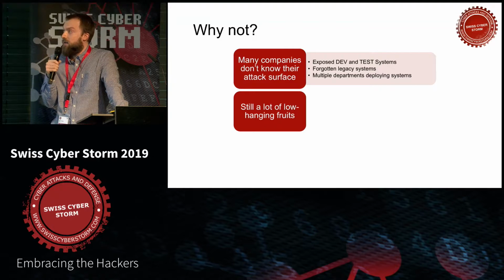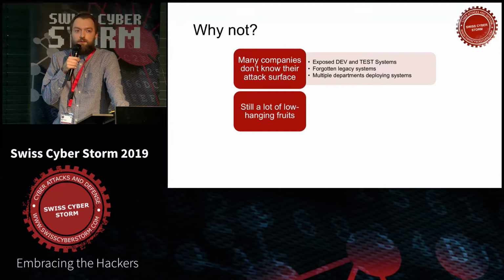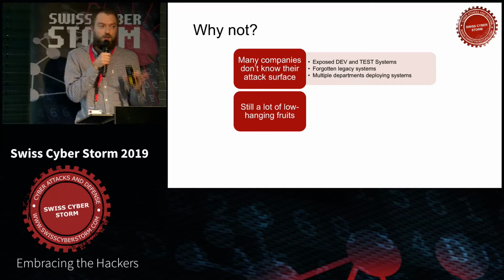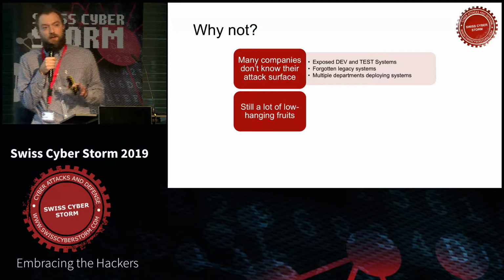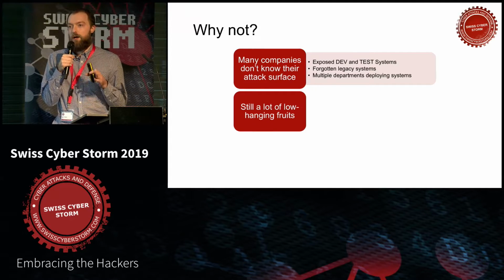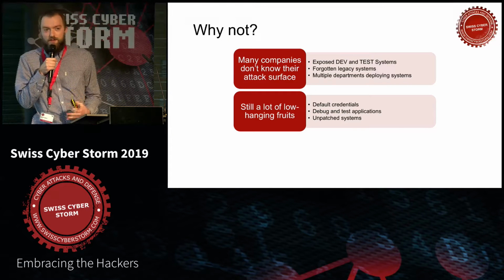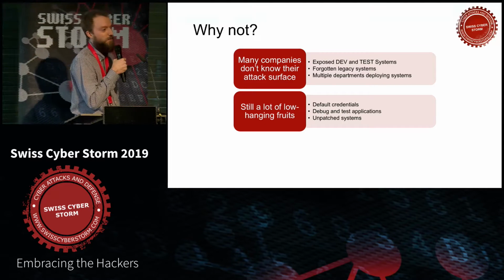Second big thing, there are still a lot of low-hanging fruits in a lot of company infrastructures. So we only tested external-facing infrastructures, so things that companies put out onto the internet, reachable for everybody. And we always find default credentials.